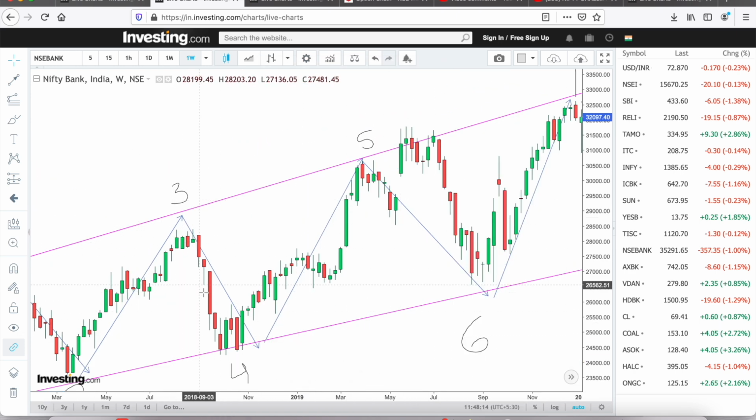So you sold here, you came here, and then you booked profits here in this area. Next time you sold here, it took you some time, but then it came down and it has given you a profit again in this area. Now this 20% in this area, what I meant is, now you see this range, I'll have to calculate that.